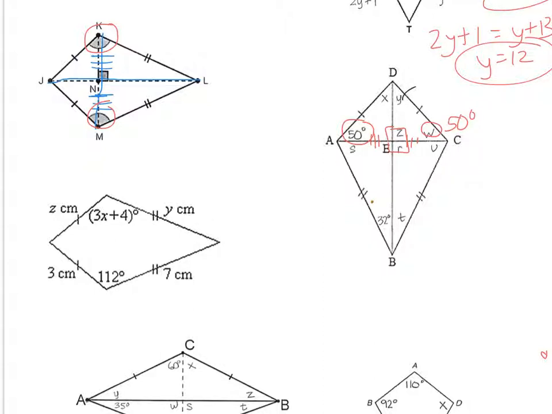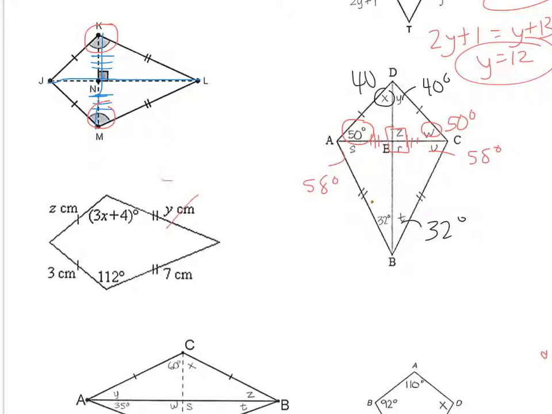This angle has to be 40 degrees because this is a triangle right here. 90 plus 50 plus 40 equals 180, and the other side has to be 40 as well. If we know this is 32, then this is 32. And then now we have this triangle, adds up to 180, so this one right here has to be 58, which makes this 58.